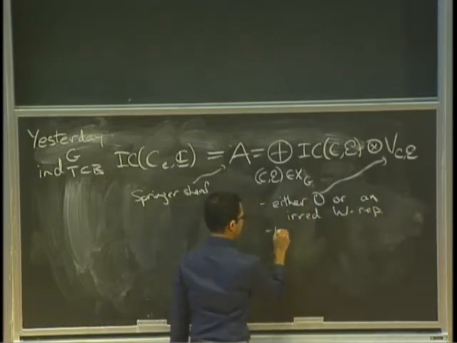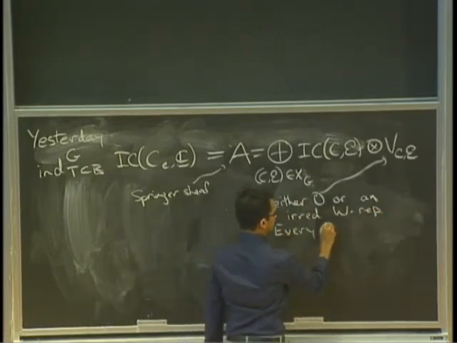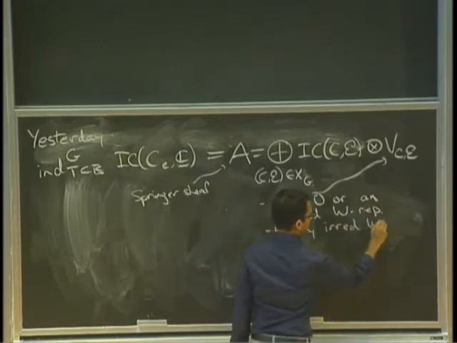And every irreducible W representation occurs once.